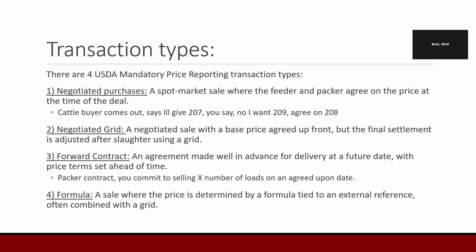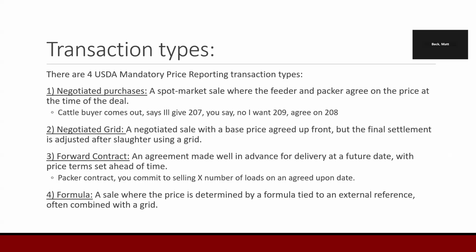We'll give you $210 per hundredweight carcass basis. And they may want me to deliver those cattle in April. So that would be an example of, excuse me, forward contract. Also called a packer contract. So you commit to selling X number of loads on an agreed upon date. Typically, they'll have some stipulations on percent yield and quality grades.